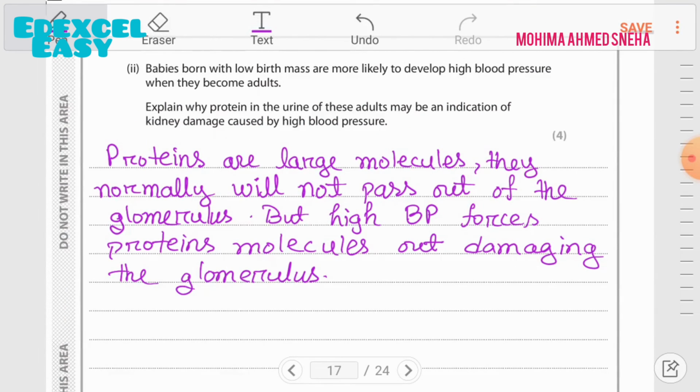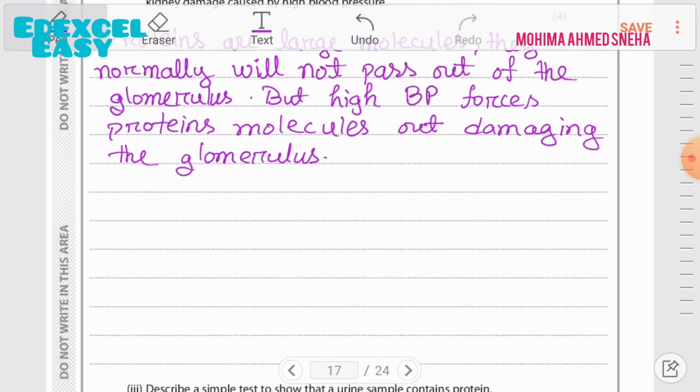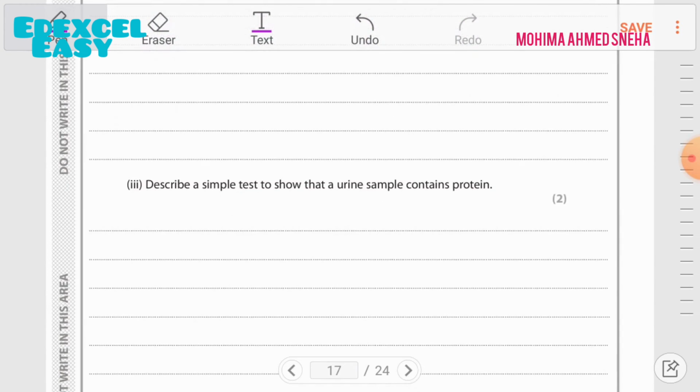I hope it was clear. Moving to part B3. Describe a simple test to show that a urine sample contains protein. We can just write the test for protein: we will add biuret to the urine sample, and if it turns purple, then it indicates that protein is present.